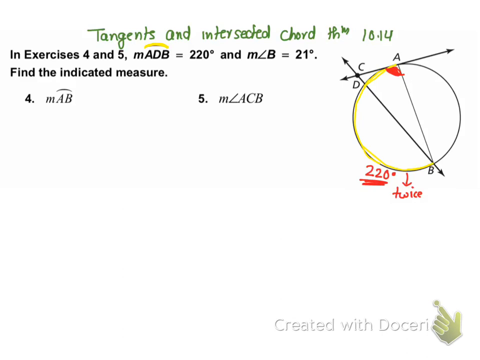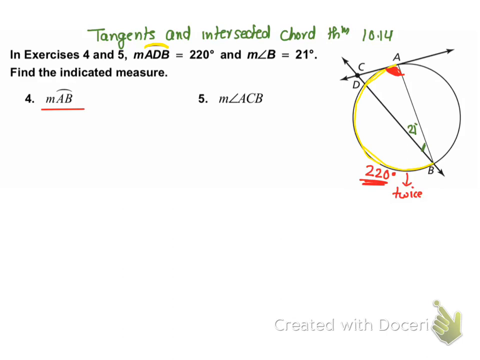And the measurement of angle B is given. How much? They have given that B is 21 degrees. Now let's move to what they want us to find. They want us to find the measurement of arc AB.